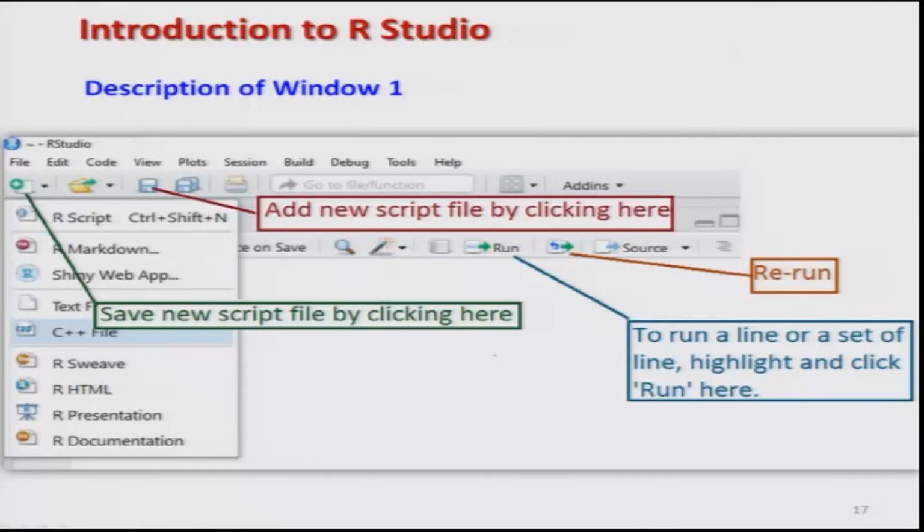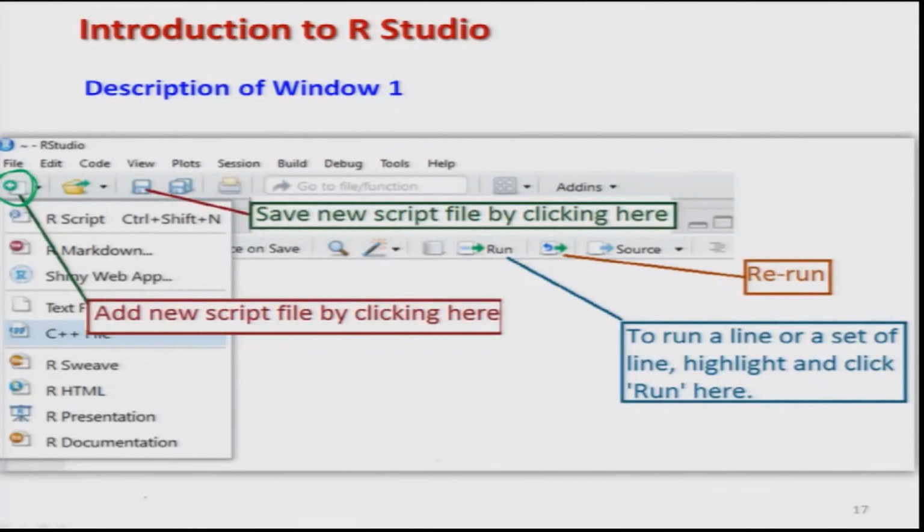So now look at the minor details of this slide. You can see here that this is the place where we click to add a new script file, this is where we click to save the file, and this is where we open an already existing file.